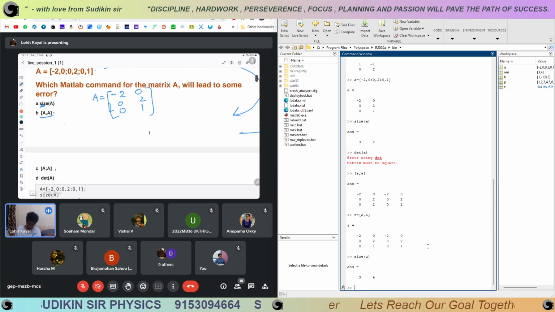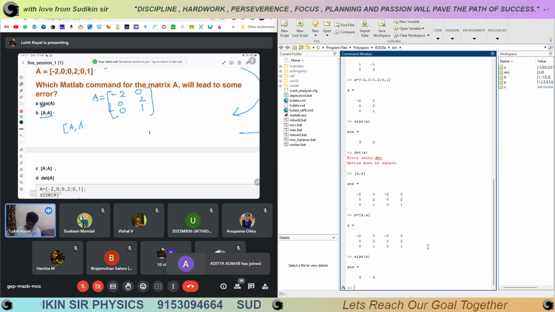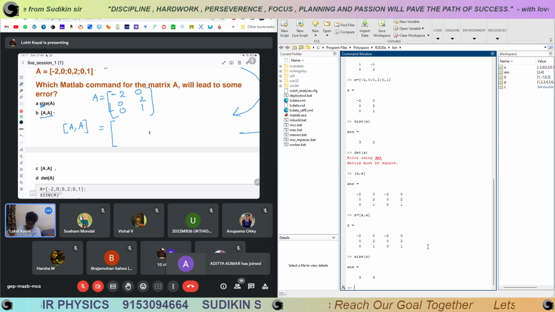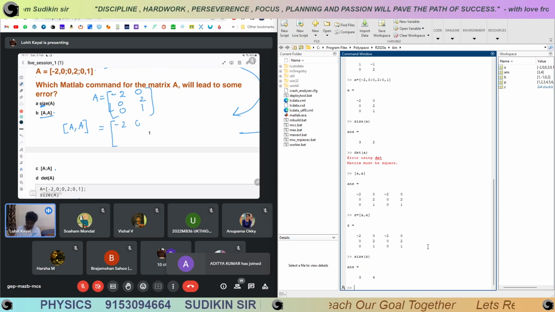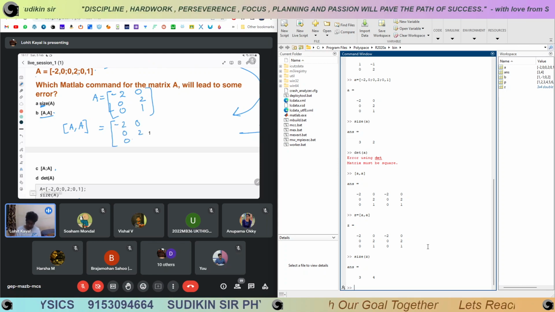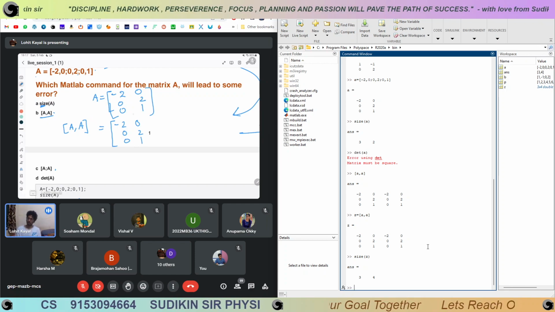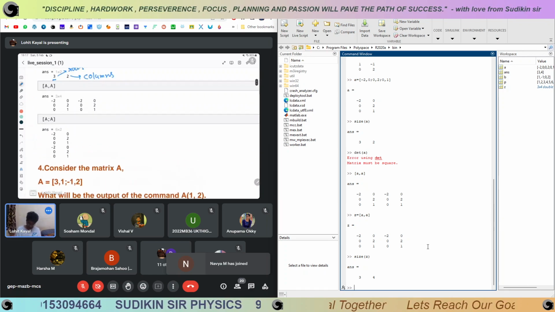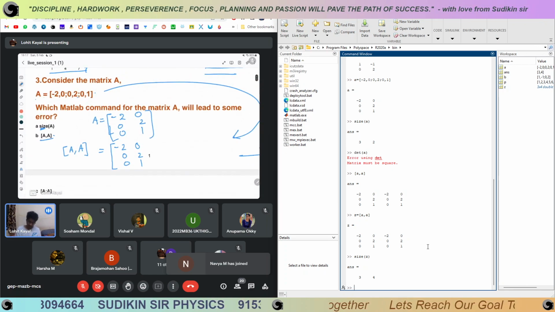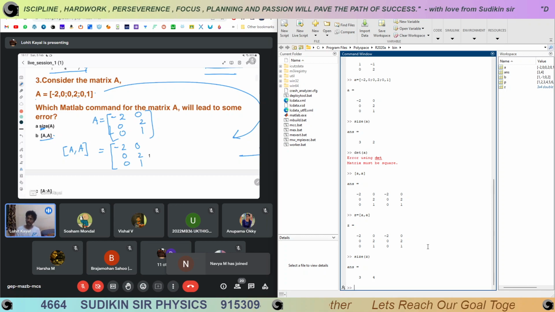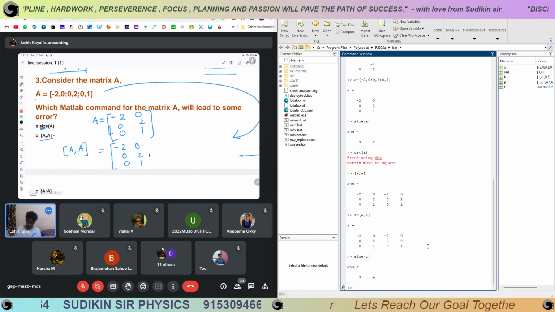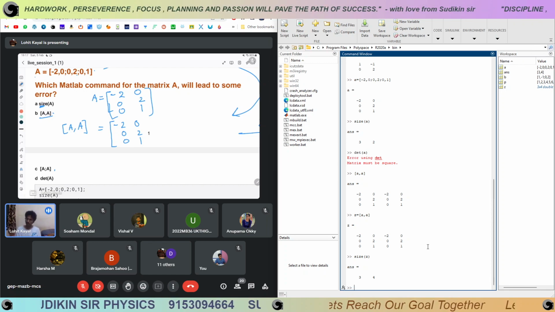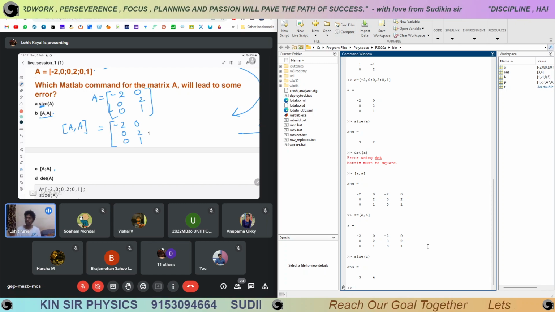So this option A comma A, when you write it in MATLAB, you will see something like this: minus 2, 0, 0, 2, 0, 1. Treat this thing as a whole element, just like this case. Here you have treated minus 2 as an element, here treat this whole thing as an element. The new element will appear on the next column.